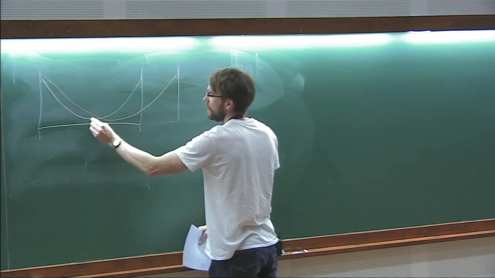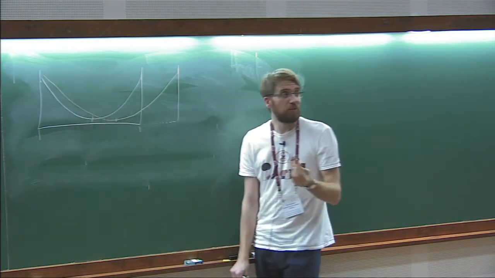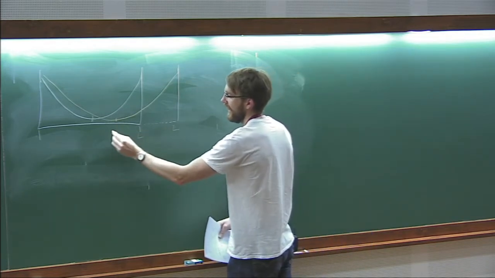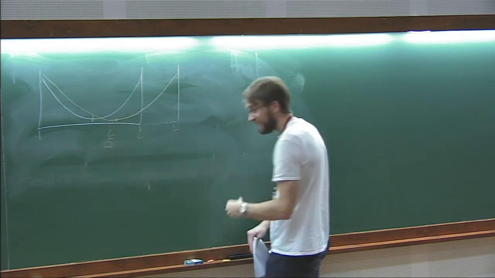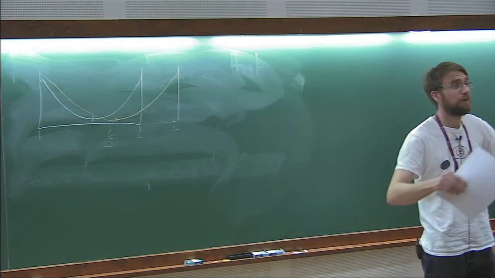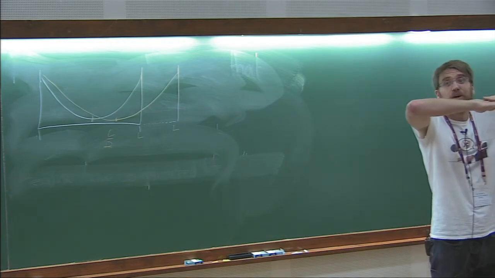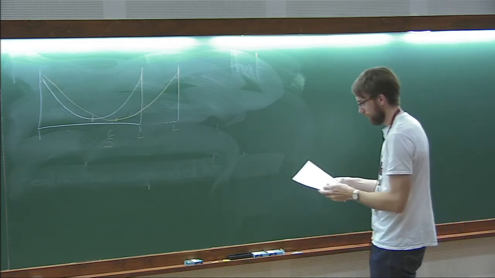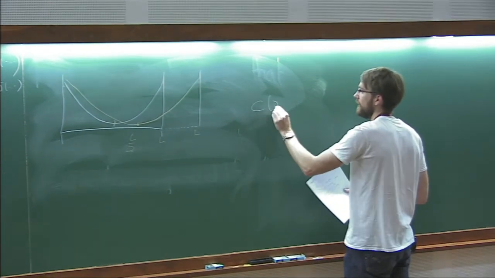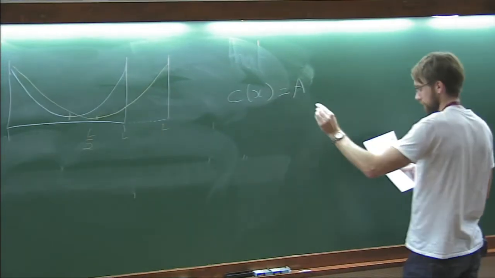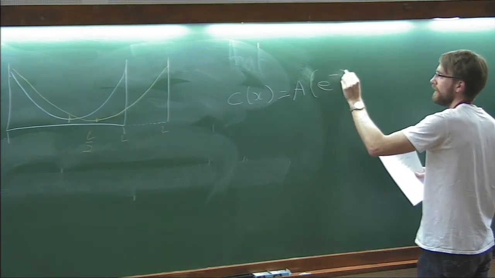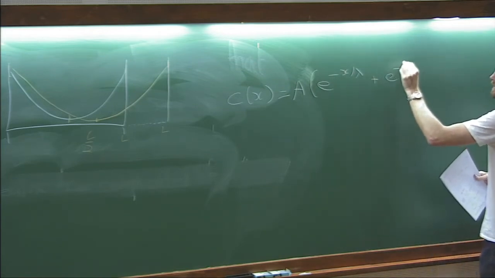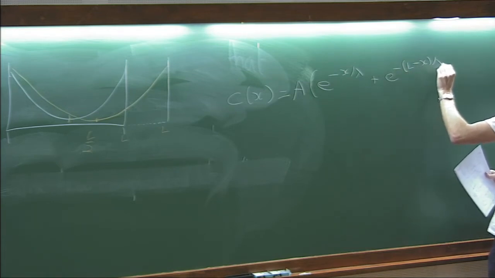But the key point is that the concentration at the middle of the cell, so this is L, the concentration at L over 2, is decreasing as the cell grows. So basically, you have overlap, and as you grow, your overlap is decreasing. And if we take the POM1 profile to be a simple exponential, then our concentration at any point is some constant times e to the minus x over lambda, where lambda is the decay length, plus e to the minus (L minus x) over lambda.